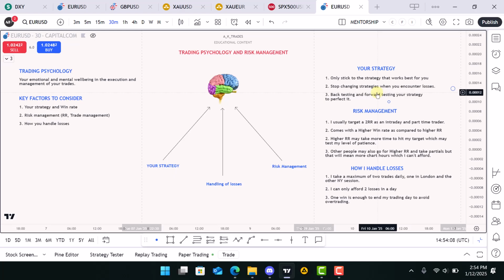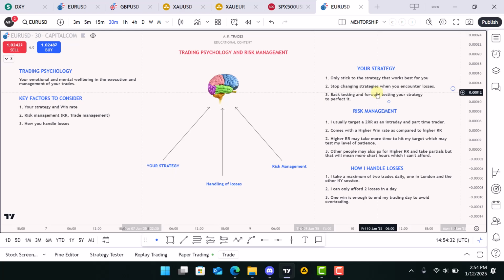But I don't actually go with that, even though sometimes I do, because it will mean still going back to the chart at the least opportunity to see how far my trade is going. And I don't want to be in that position. So I enter the trade, and at 2R, I'm out. I'm done for the day.